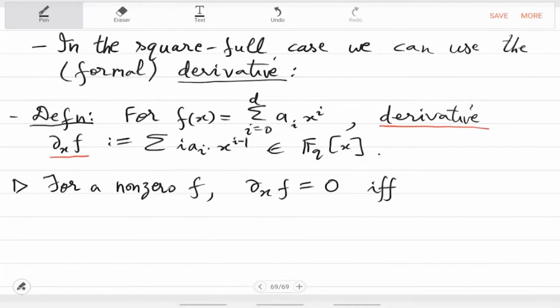Exactly. So i will be a multiple of p, which means that the monomial is a pth power. So the derivative vanishes if and only if f is some function of x to the p.